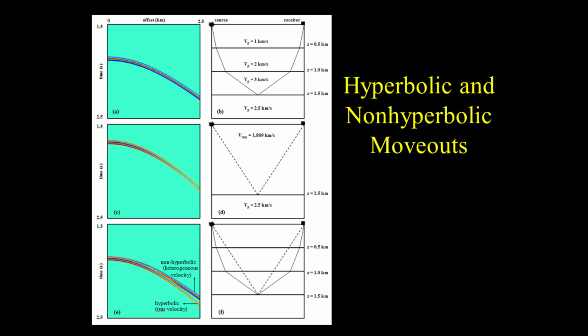The first point is that the RMS velocity model is used to predict the travel time variations with offsets only. In other words, the amplitude variations with offsets are not properly predicted when a 1D heterogeneous velocity model is replaced by the homogeneous RMS velocity model.